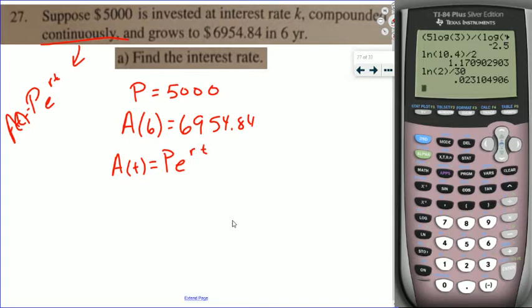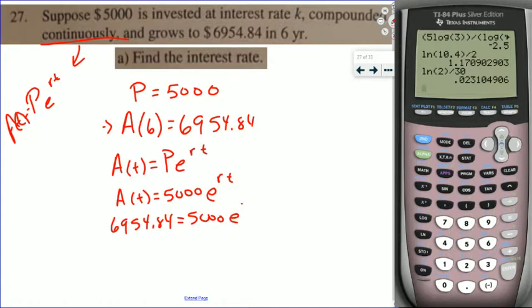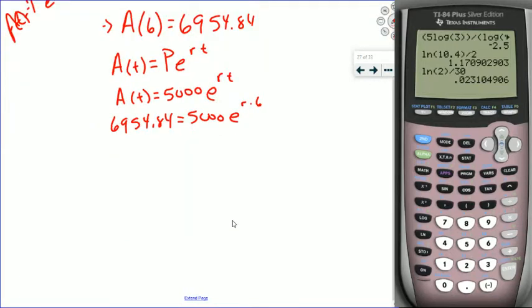And we know that A of t equals the principal, which is 5,000, times e to the rate, which we don't know, times time, which we don't know. However, we do know this other bit of information, so let's say A of 6. Well, A of 6 is 6954.84, and that equals 5,000 e to the r times 6. Okay, we got that from that second bit of information.